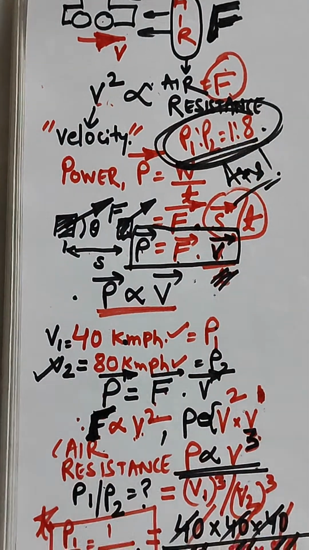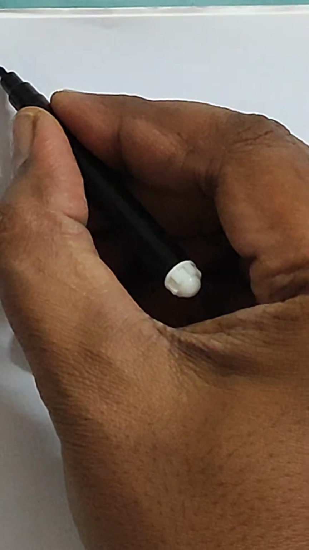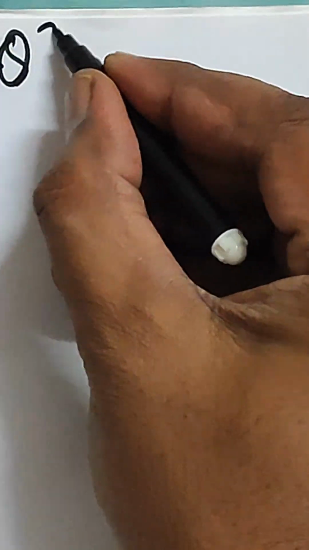Now coming to the second part of the question, question number 2. An automobile moving with a velocity of 30 km per hour is stopped in 8 meter by applying brakes.